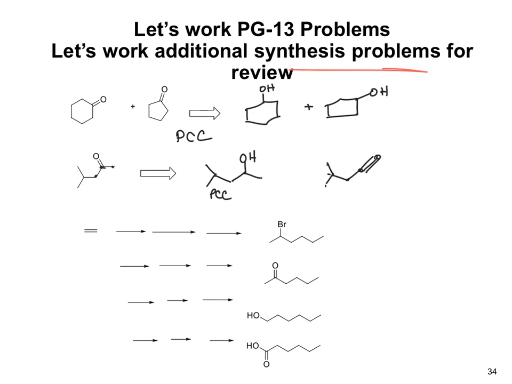And what would that be? That would be the mercury sulfate and sulfuric acid, which would give you the enol that would tautomerize to a ketone. So that's another way.